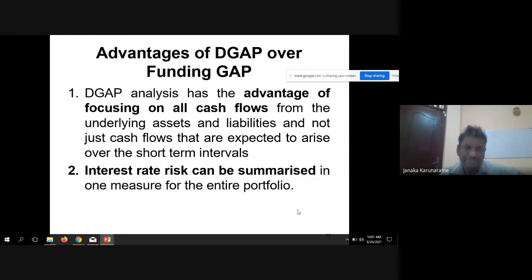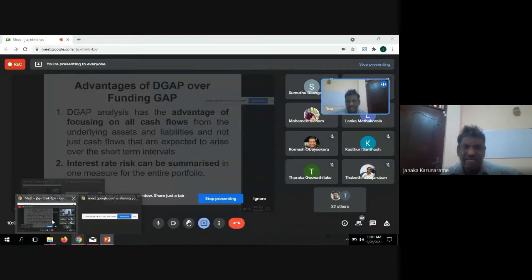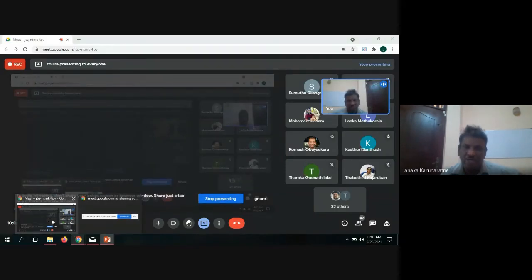Okay. How many of you in banks use this duration for hedging purpose? At least for this fund management part? Anyone heard about it?